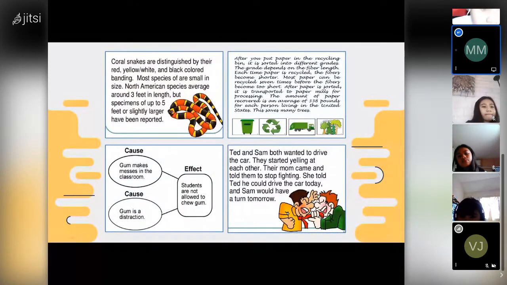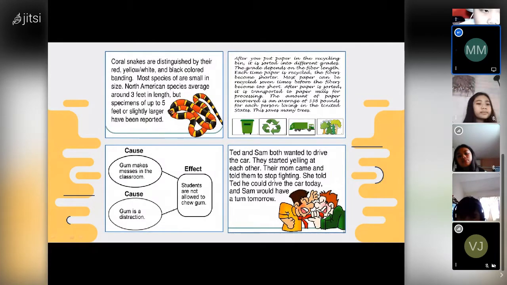Miss, it was laggy. Vaughn, how is the information in the last picture organized? Organized like a narrative, miss. Okay, like a narrative.